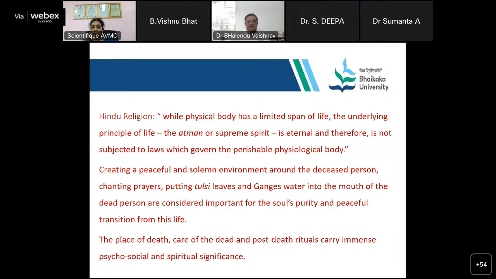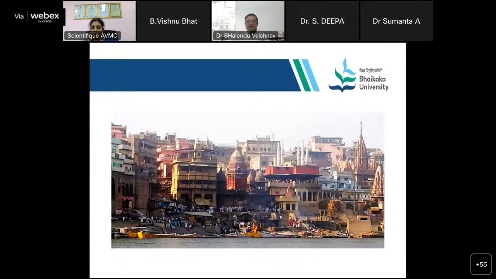So all three, the place of death, care of the dead, and post-death rituals, carry immense psychosocial and spiritual significance. This is the Ghat of Varanasi, and you can see how much value people have in their hearts about cremation on the bank of the Ganga river in Varanasi.